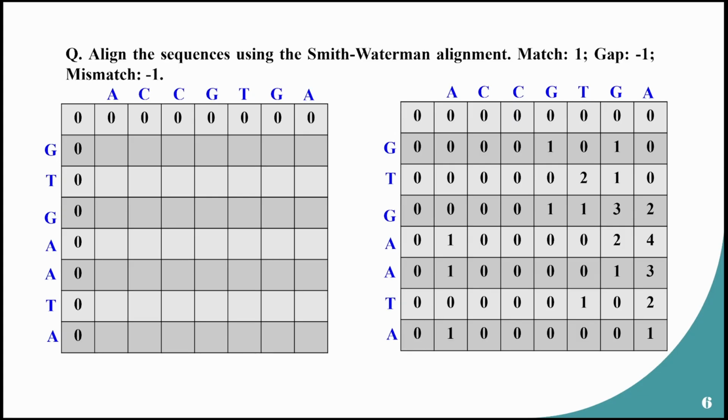As you also said earlier, the optimum score for the local alignment will be the highest score of any cell. In this case, I see that the value will be 4 here. This seems to be the highest score in this particular matrix. So how do we do the alignment? Any idea?